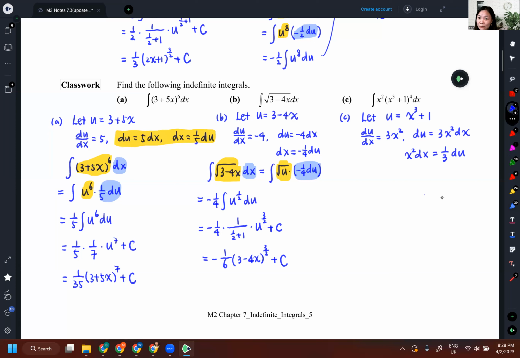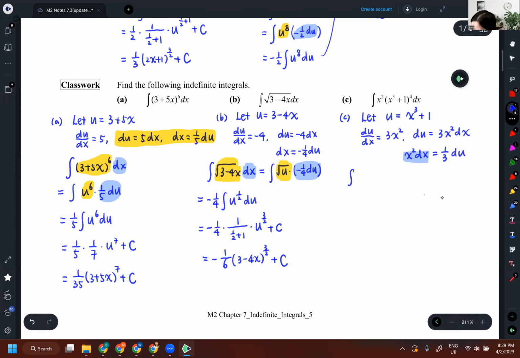So you can see it's very weird that I have this put in one side, this part, because I'm going to replace it. You will see. So this is (x cubed plus 1)^4 dx, and then x squared dx.